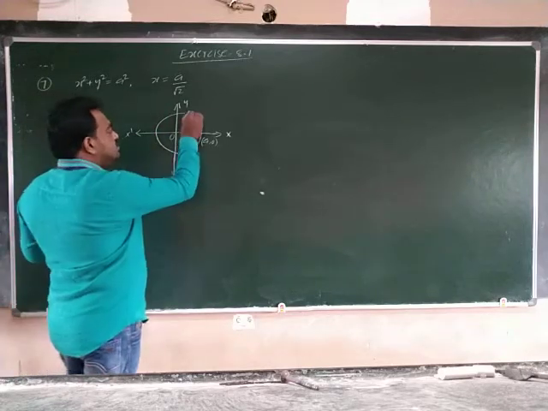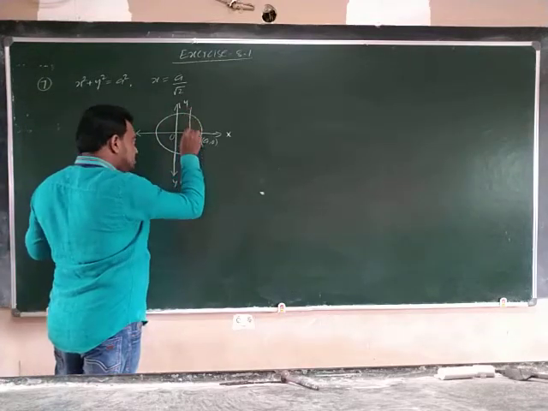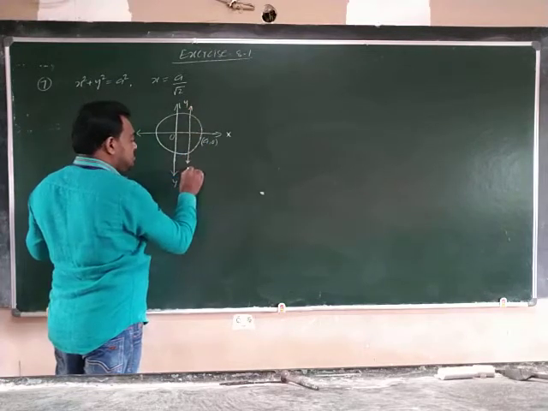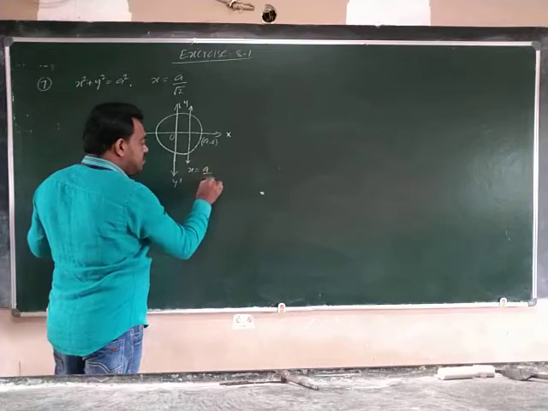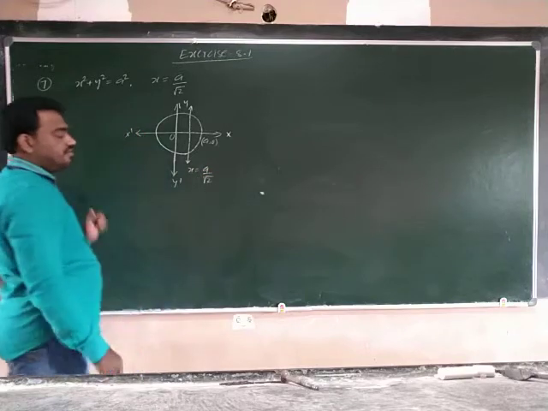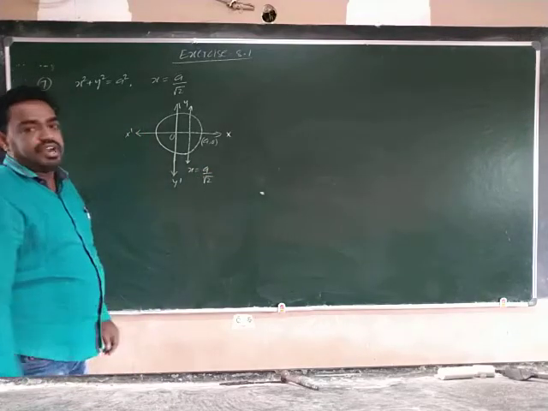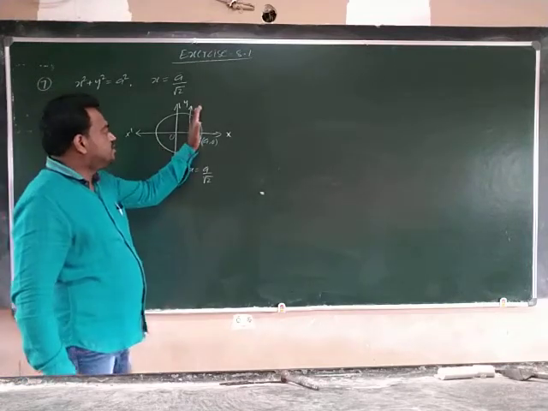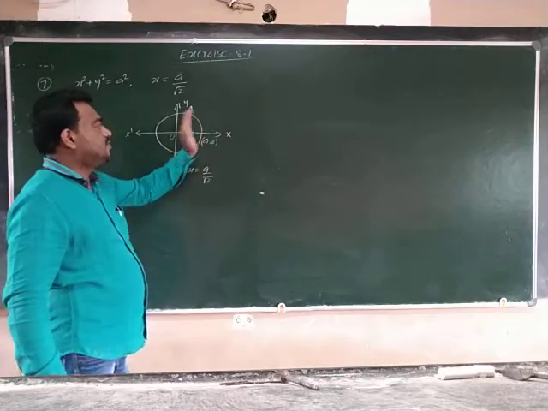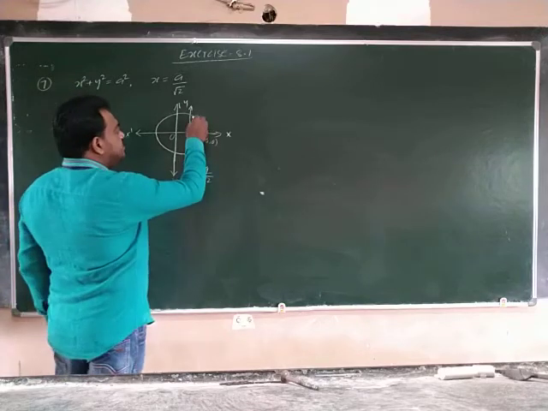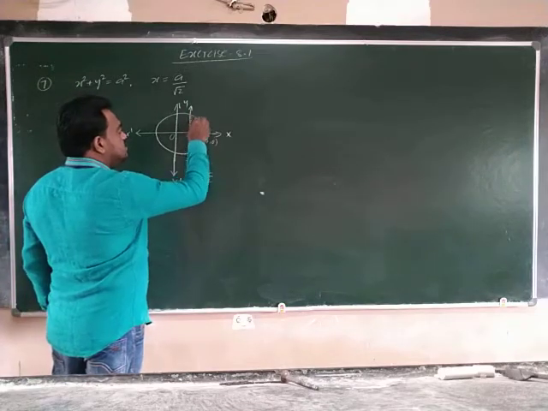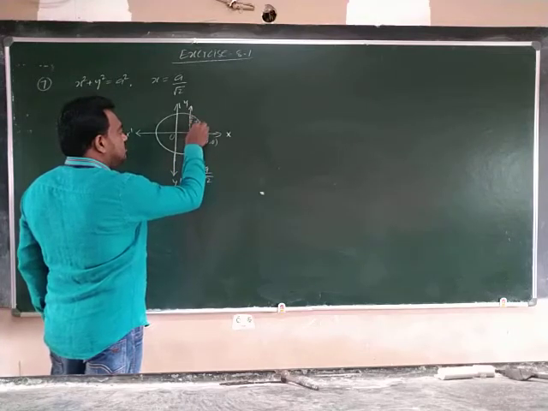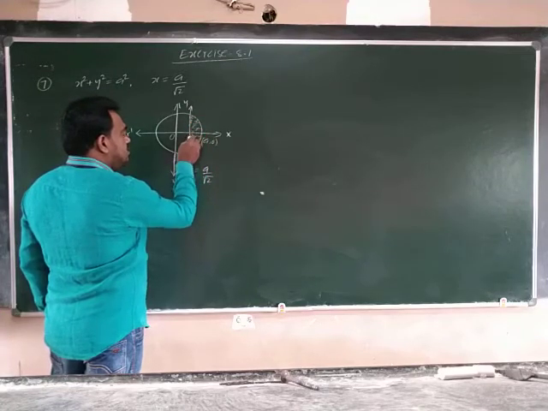That means you assume this is the line x is equal to a by root 2. So which area are we finding here? The smaller area. Which one is smaller? This one is smaller. So this area we are finding, this smaller part of the area.